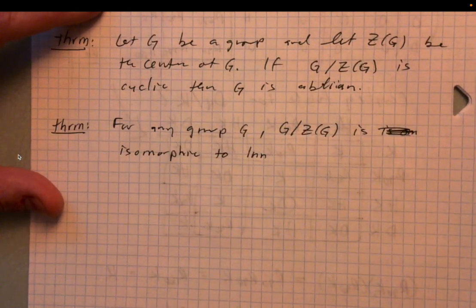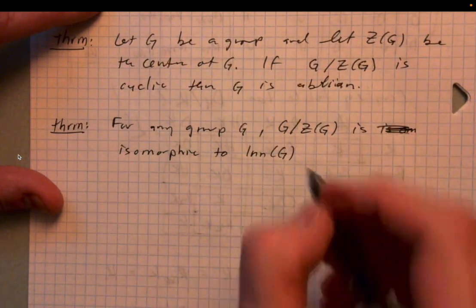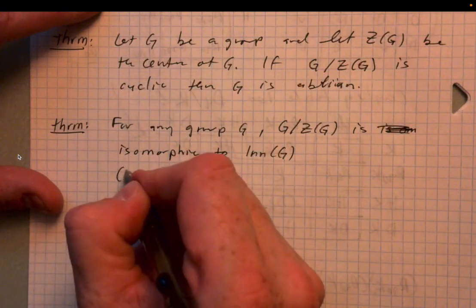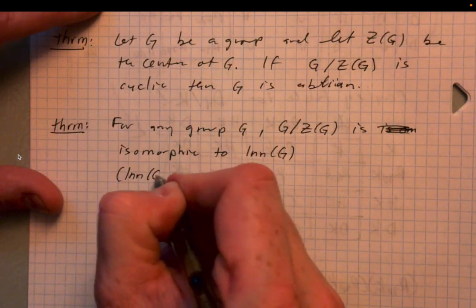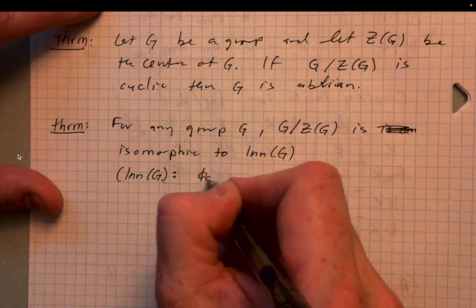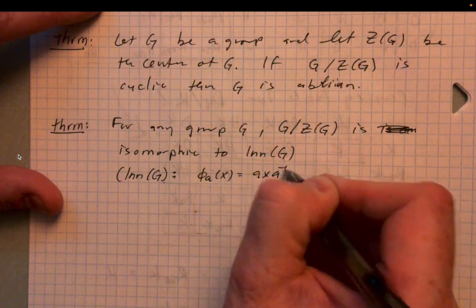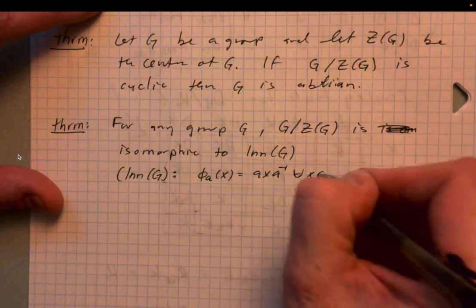This is the inner automorphisms of G. And so what about Inn G? Well, in Inn G, the function phi sub a of x is equal to a x a inverse for all x in G.